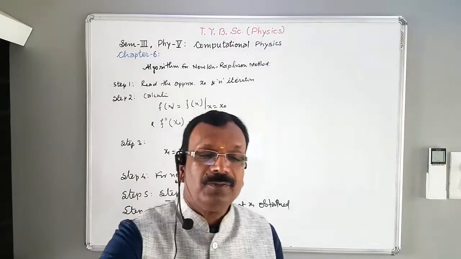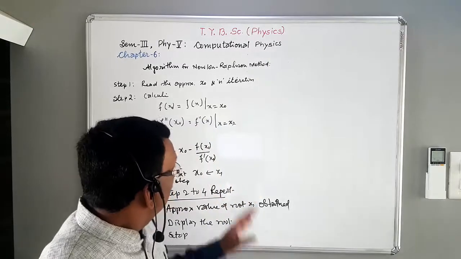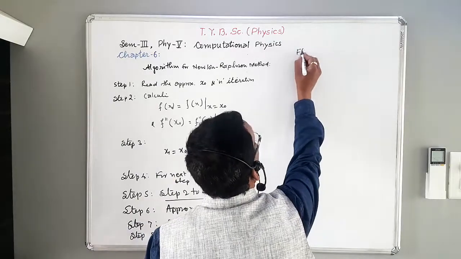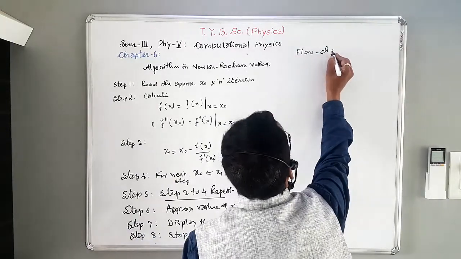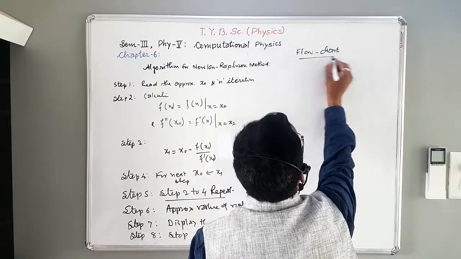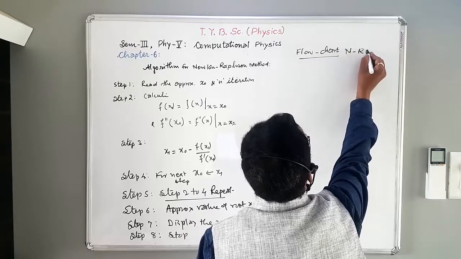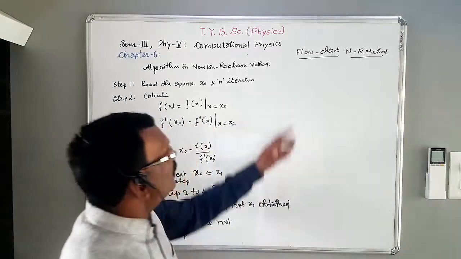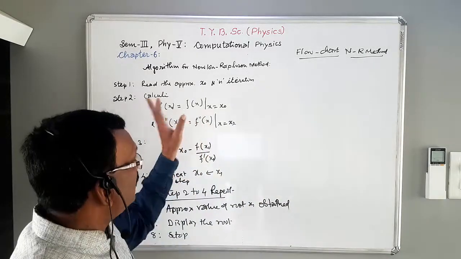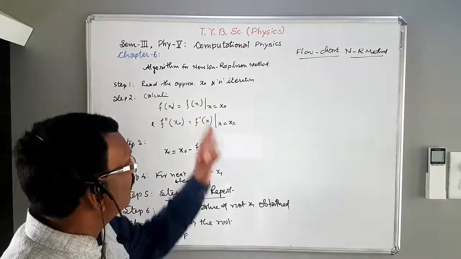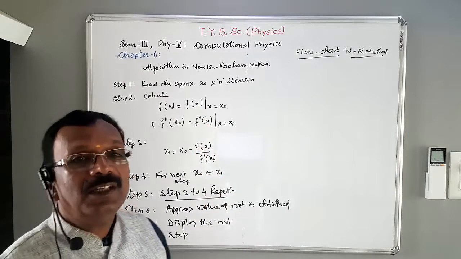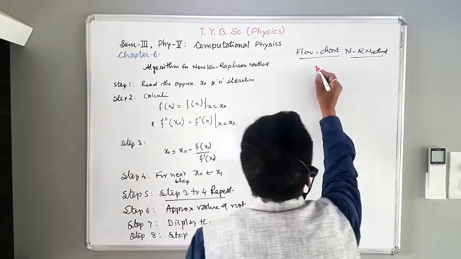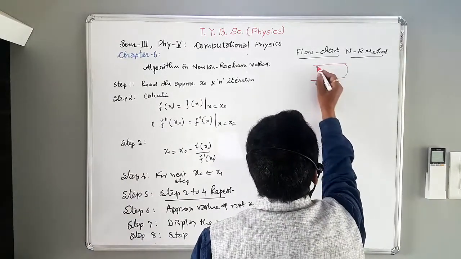Now we are going to see the flowchart for the Newton-Raphson method. We know very well that a flowchart is nothing but the pictorial or graphical representation of the algorithm. So, suppose this is start.